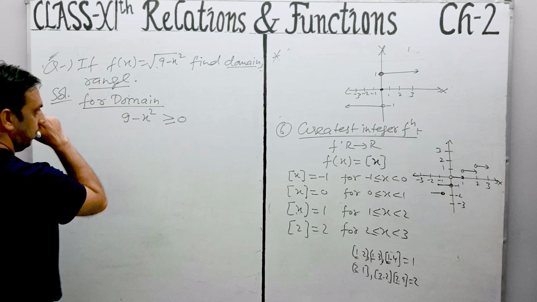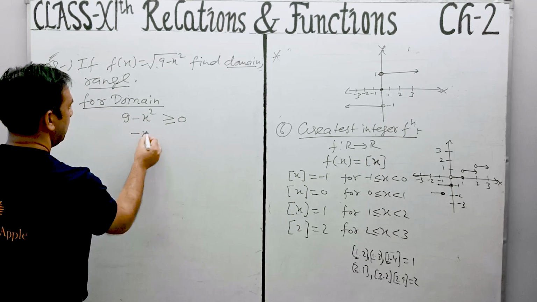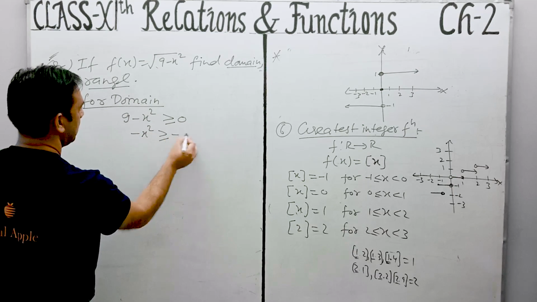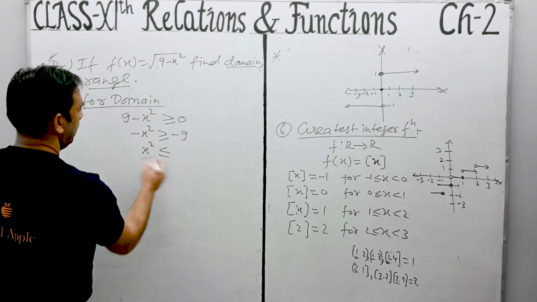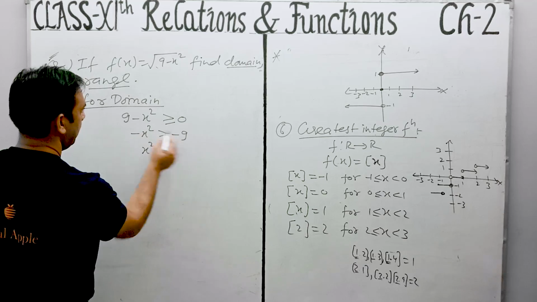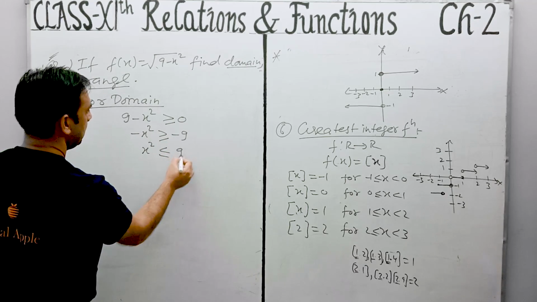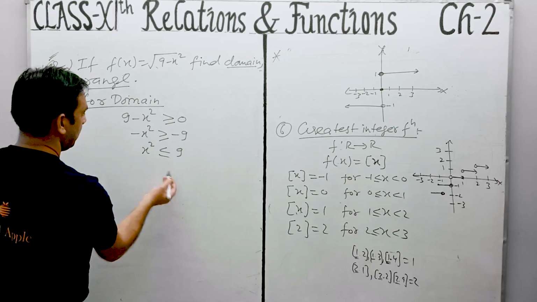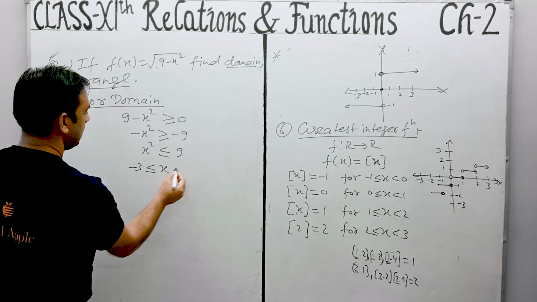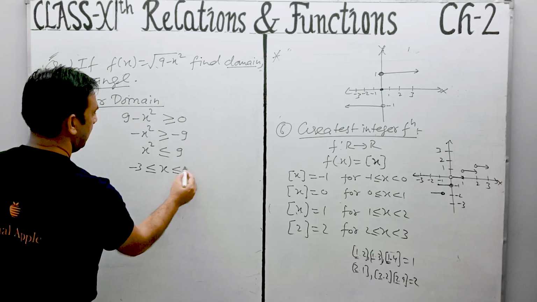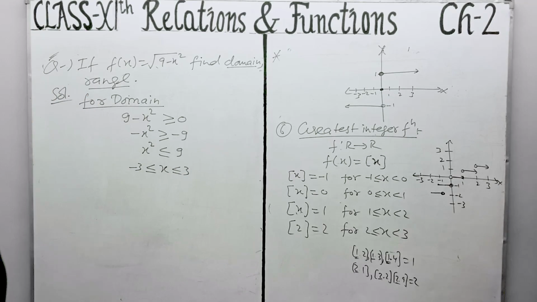So minus x squared is greater than or equal to minus 9, so x squared is less than or equal to 9, and when we cancel the negative sign the inequality changes. So x is greater than or equal to -3 and less than or equal to 3.